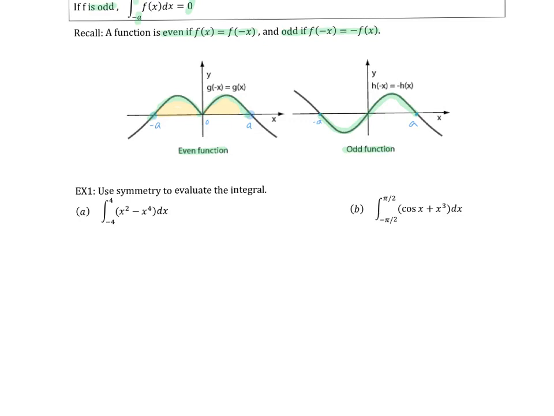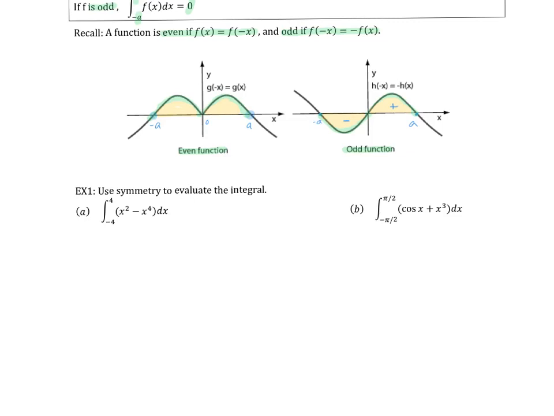So if you look at the region from negative a in this particular example to 0, I'm going to have some negative value, but then the region from 0 to a would be the same. It would just be a positive value. So if I go from negative a to positive a on an odd function, it'll cancel each other out, because this would be a negative and a positive, and I'll get 0.